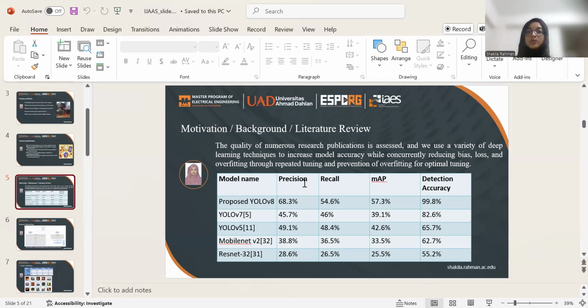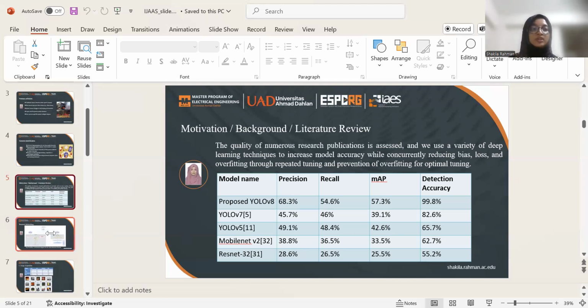In our proposed work, the precision, recall, mean average precision, and detection accuracy are higher compared to other baseline algorithms, like YOLOv7, YOLOv5, MobileNetV2, and ResNet32, which I have also added as references. We compared our work with their proposed models using our own data, and we can see that their precision, recall, mean average precision, and detection accuracy are lower than the proposed model.